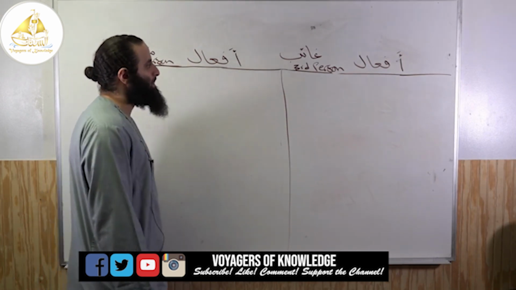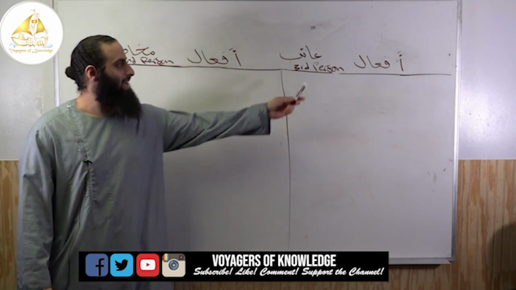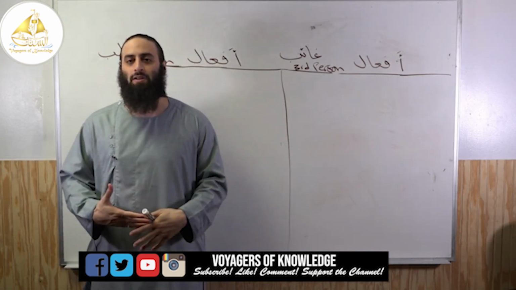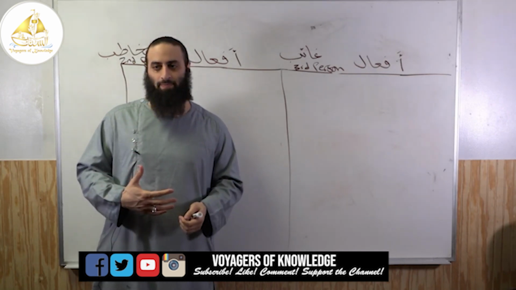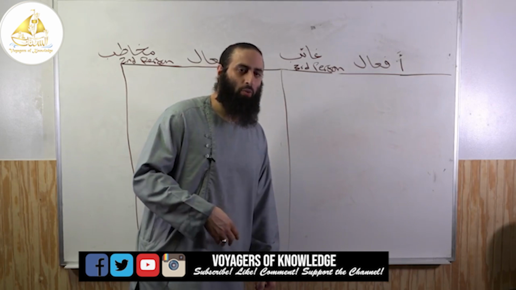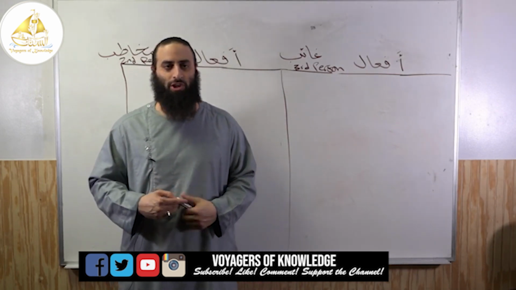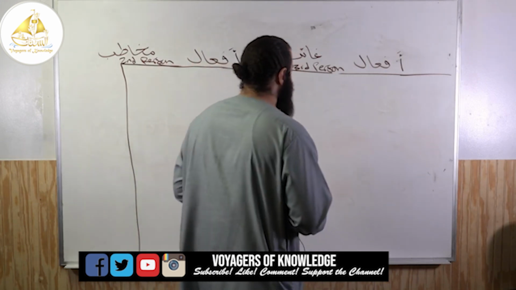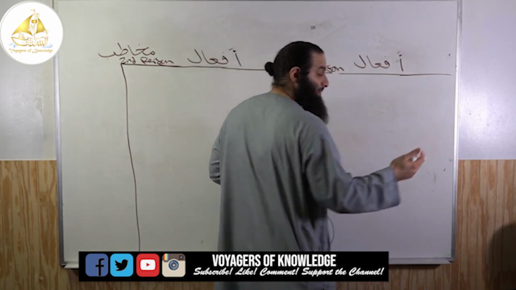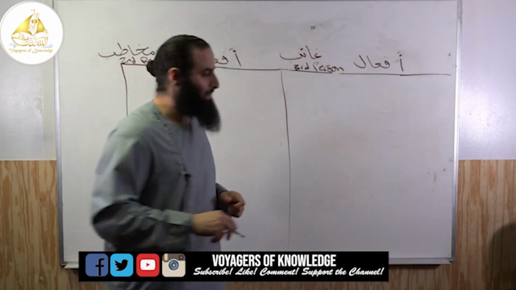Taking أفعال غائب and أفعال مخاطب. أفعال غائب, we're trying to say how do you add ضمائر متصلة to a fi'l, right? And we are going to use جلسة. We're not going to use the same one that's in the test. What does جلسة mean, by the way? Sit. He sat. That's right.